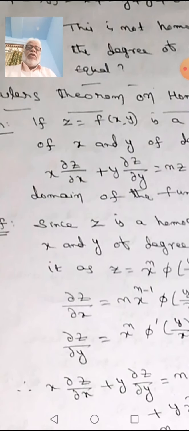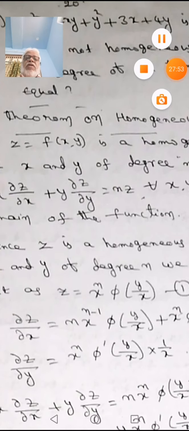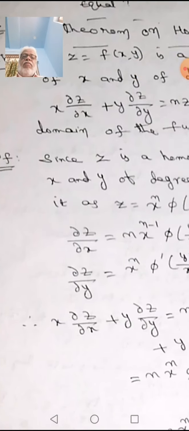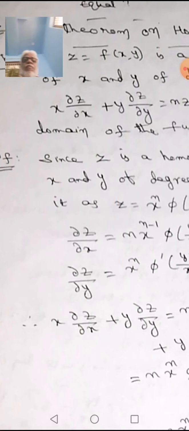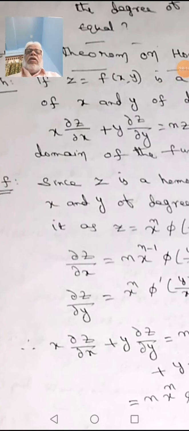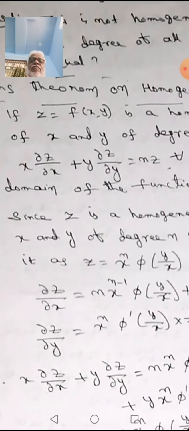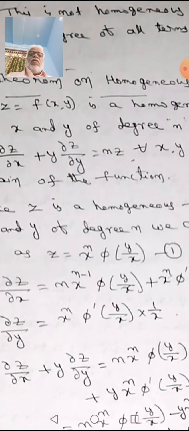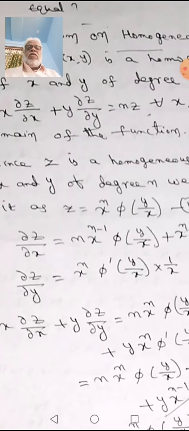x dou z by dou x plus y dou z by dou y is equal to nz, where z is a function f of x y, a homogeneous function of x and y terms. So finally, the theorem is: if z is equal to f of x y, a homogeneous function of x and y of degree n, then x dou z by dou x plus y dou z by dou y is equal to nz.